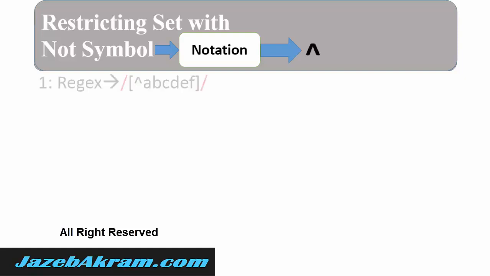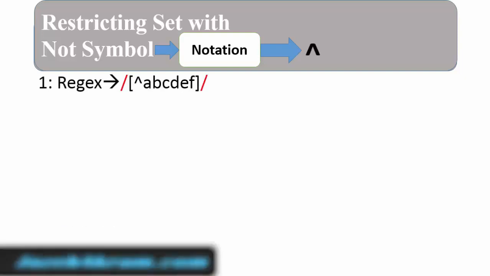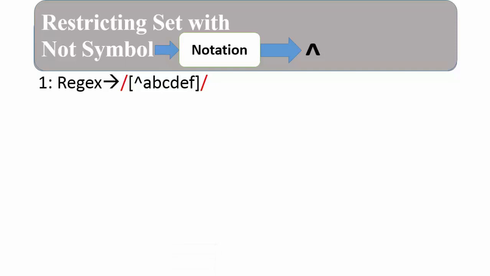You can use the caret symbol to restrict your regular expressions. For example, if you have a regular expression of A, B, C, D, E, F in a character set and you want to use all the possible matches except A, B, C, D, E, F, then you can simply put the caret symbol, or you can call it the not symbol, inside your character set.